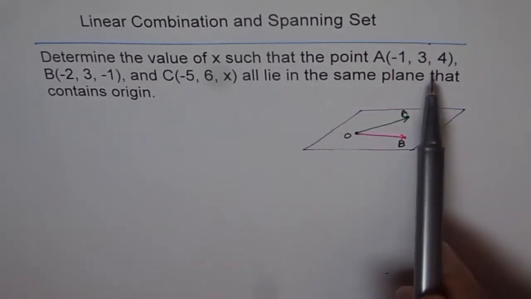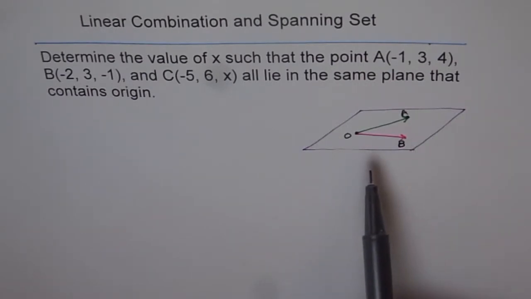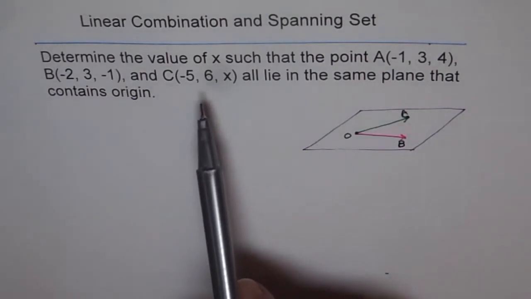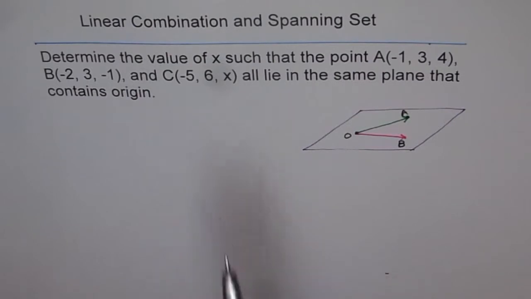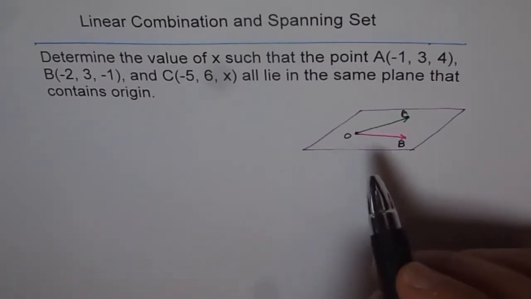R3 has so many planes, but to be specific, there could be only one value of x which will lie on this particular plane, and we need to figure out what that value is. I hope you understand that two vectors actually signify a plane.